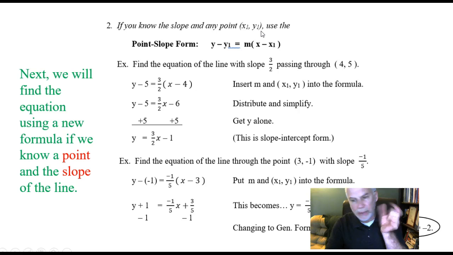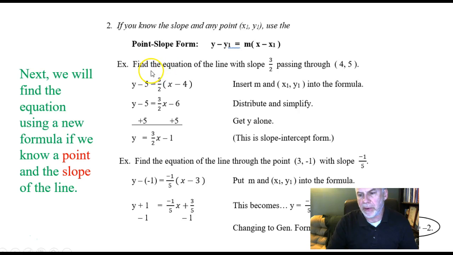We're just naming the x and the y coordinates x1, y1. So x1 is a specific x value for that first point, and the y1 is the specific y value for the first point. So the formula is y minus y1, where y is that specific y coordinate, equals m times parentheses x minus x1.